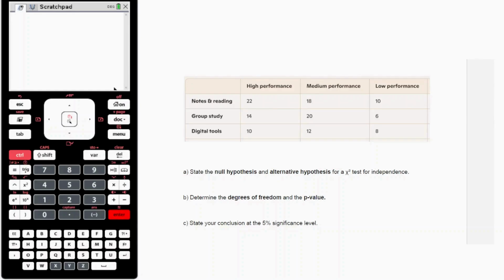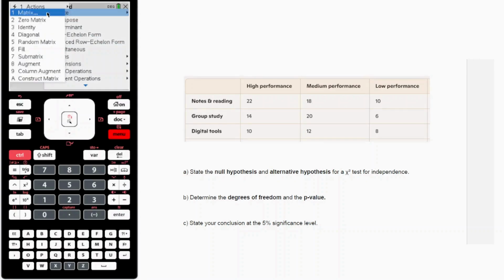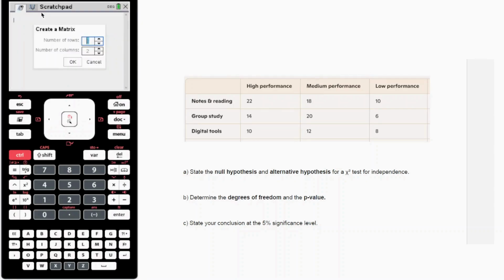Numbers given in a question are in a table, and that's a matrix in our calculator. So you press menu, and you can see there's a matrix and vector option. We will choose that one, then create, and then matrix. Depending on the question, we choose how many rows and columns.